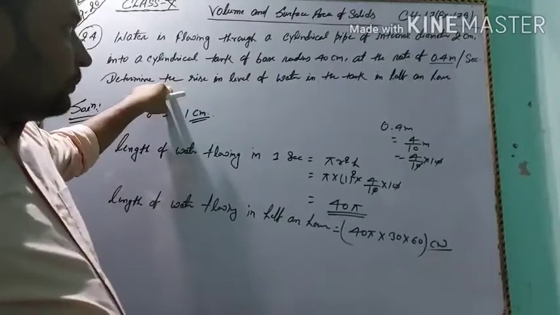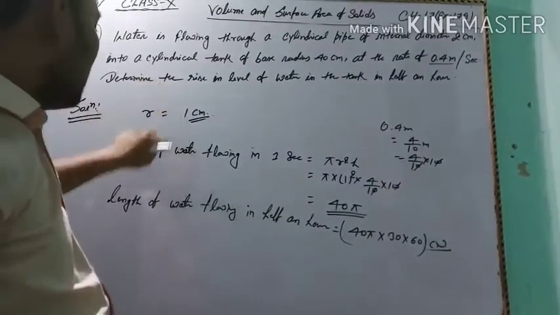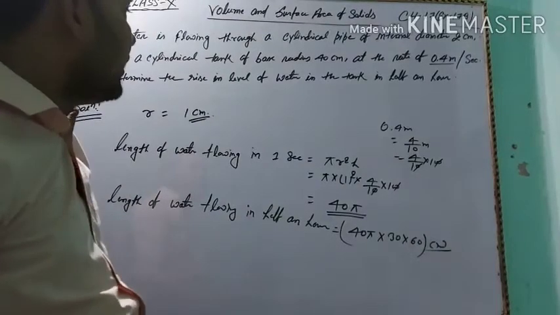Okay, so volume of the tank is equal to the length of the water flowing in the half an hour.